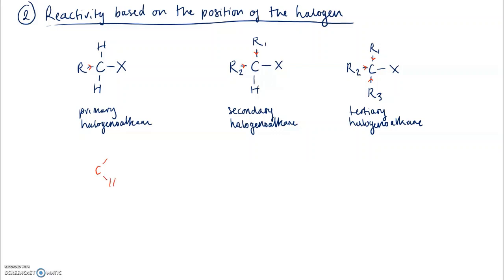So in the case of a primary halogenoalkane, we would form a primary carbocation. In the case of a secondary halogenoalkane, we would form a secondary carbocation. And in the case of a tertiary halogenoalkane, we would form a tertiary carbocation.